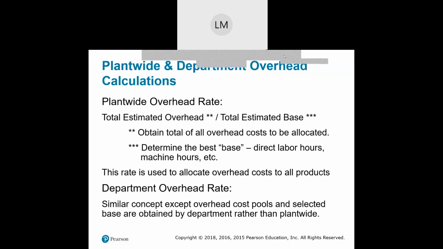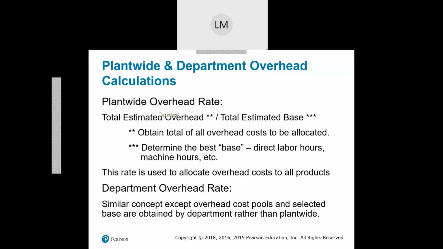So, for example, and let's just re-illustrate this here. Let's say that I have, and I'm just using my own example here, $200,000 worth of overhead. And I found that the one base that seems to be most likely my cause and effect relationship is machine hours.